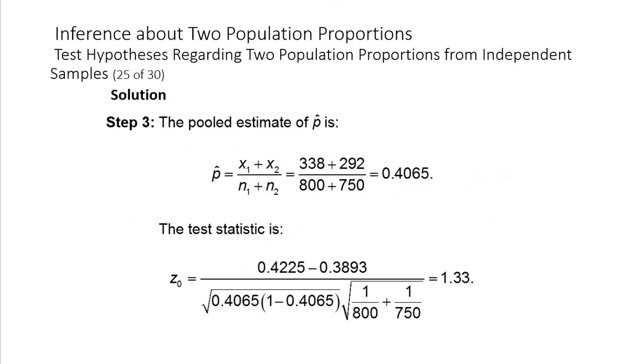The next step is to find the pooled estimate. The pooled estimate is equal to x1 plus x2 divided by n1 plus n2. The p hat is going to be equal to this number. Next, we're going to find the test statistic.